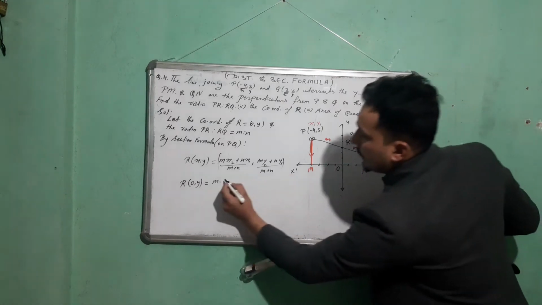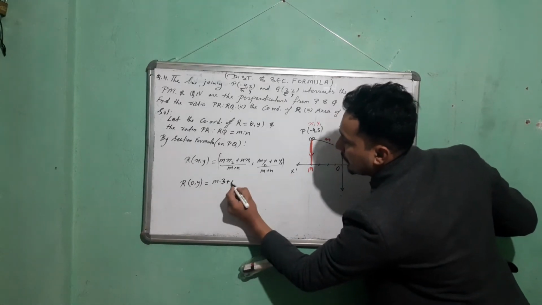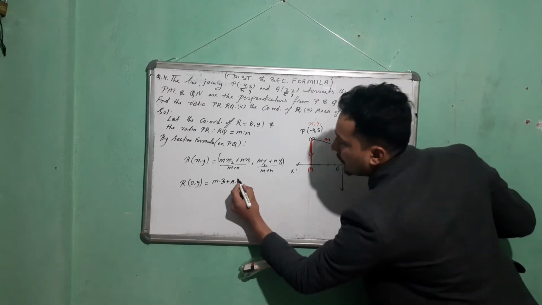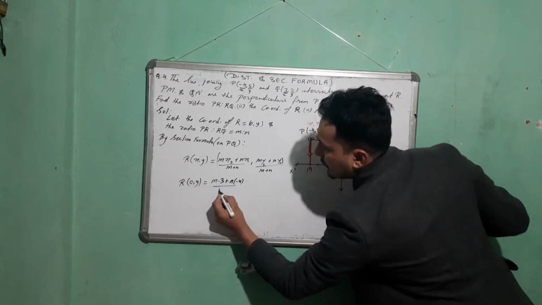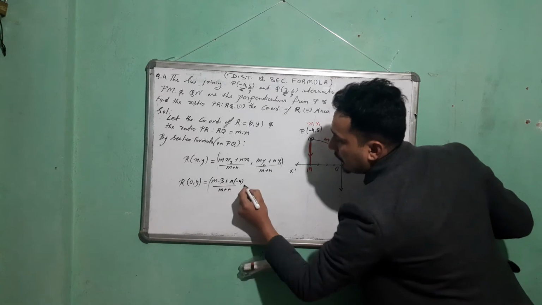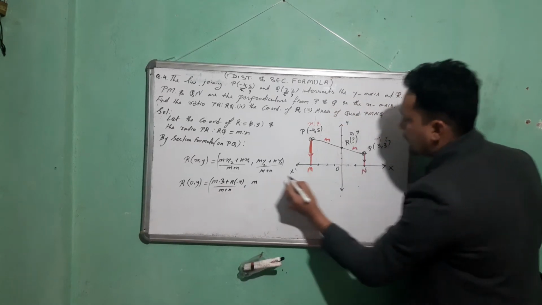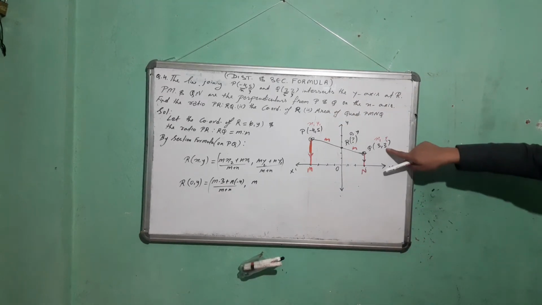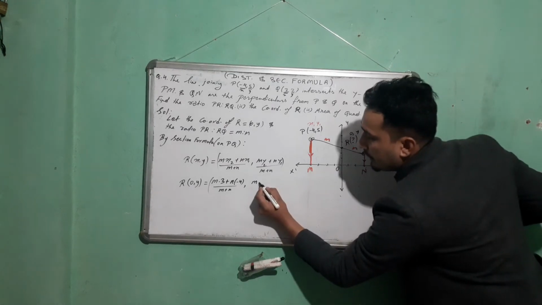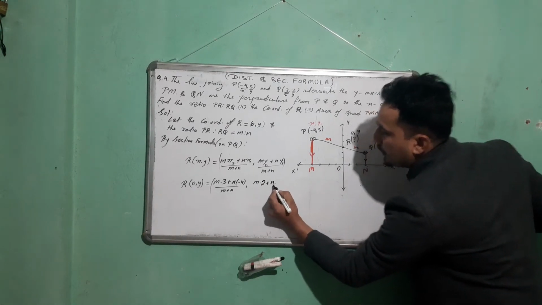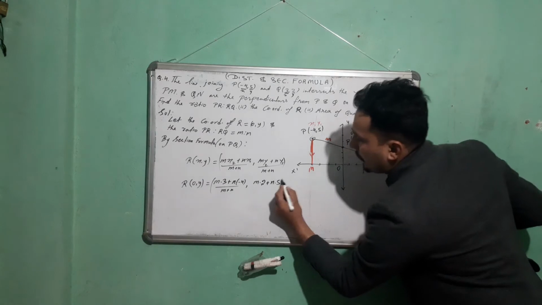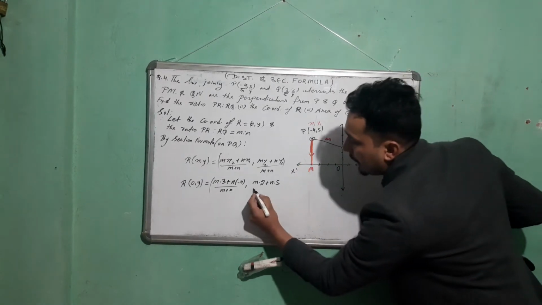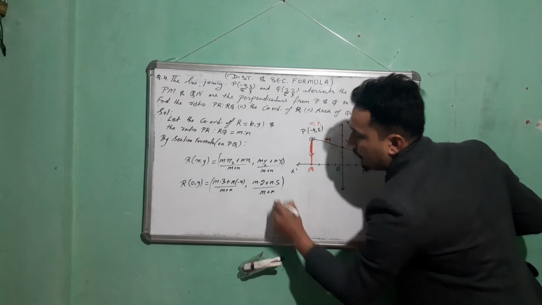So x2 is 3, n is unknown, x1 is minus 4, divided by m plus n, comma, y2 is 2, and y1 is 5, divided by m plus n.